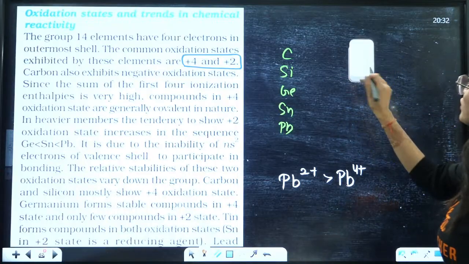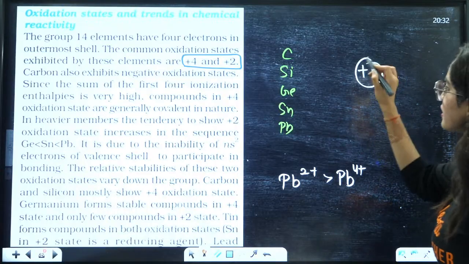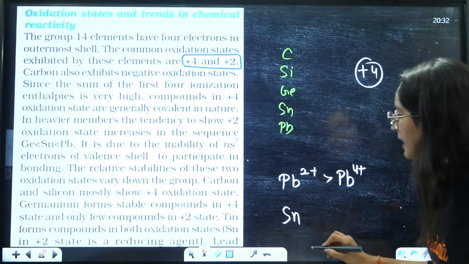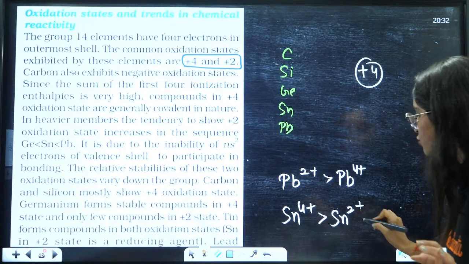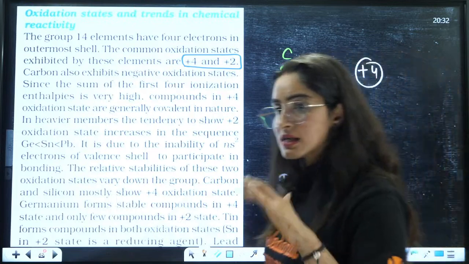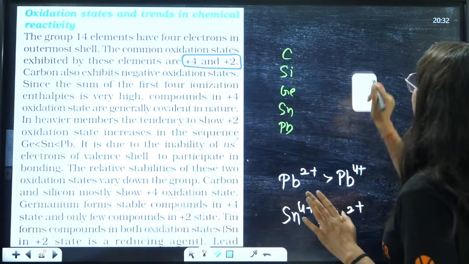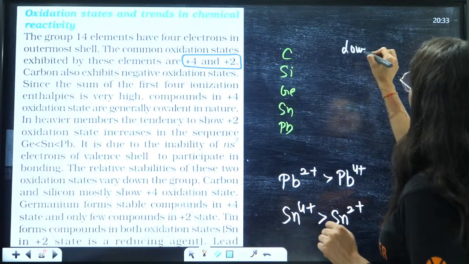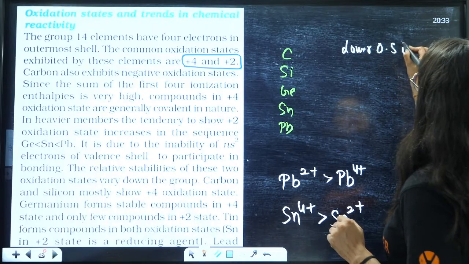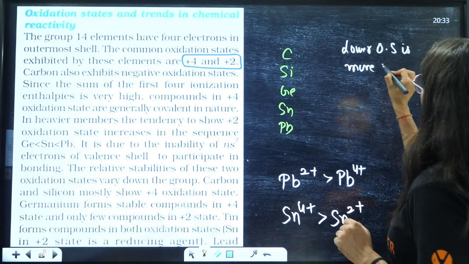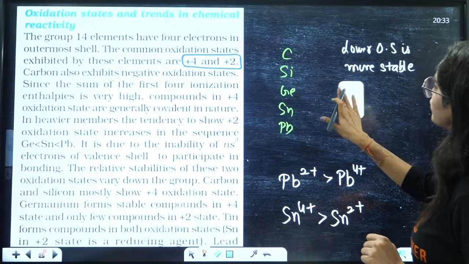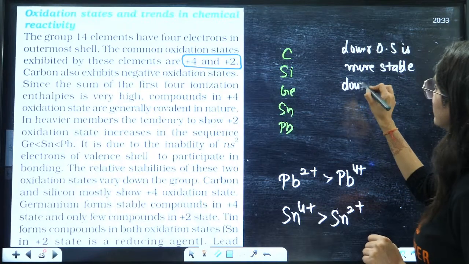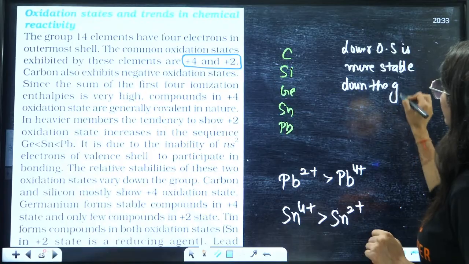If you talk about the higher oxidation state, tin is more stable in +4 oxidation state as compared to +2 oxidation state. Is this thing clear to everybody? Why am I saying that? Lower oxidation state is more stable in heavier elements, that means down the group, right?